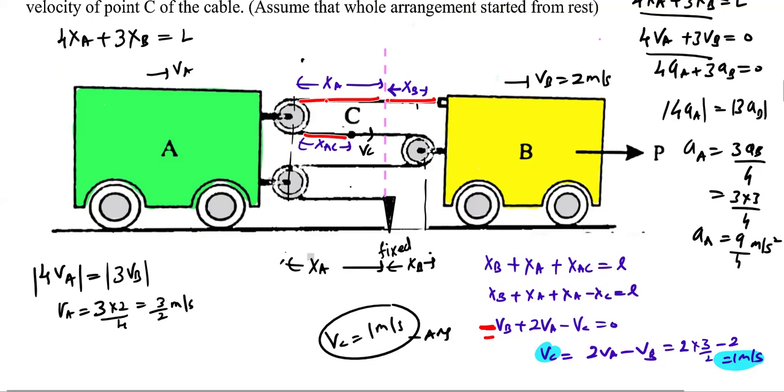I can choose any of the options. The derivative of this length increasing, I'm choosing negative. The length decreasing, I'm taking positive. Okay, agree. So like this, we'll get the velocity of the block C, or velocity of point C on a string.